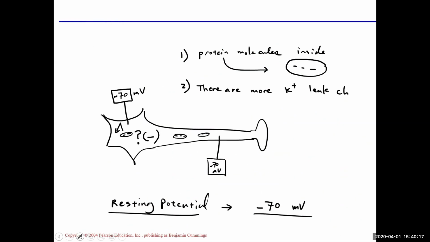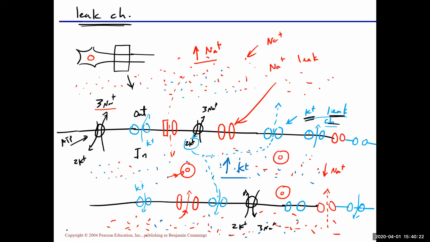If there are more potassium leak channels, rather than just memorizing them, what does it do? More potassium is going to be leaving. That's what is going to happen, because outside you have a lower amount of potassium. Potassium is a positive ion.